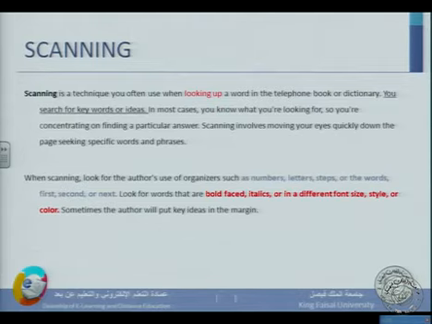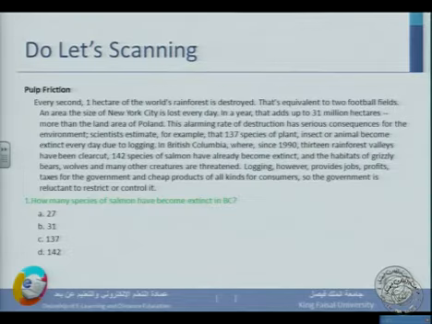So in one passage, for example, like this one, let us do a scanning here. Let's apply scanning to this example. Without reading, just look at the question.